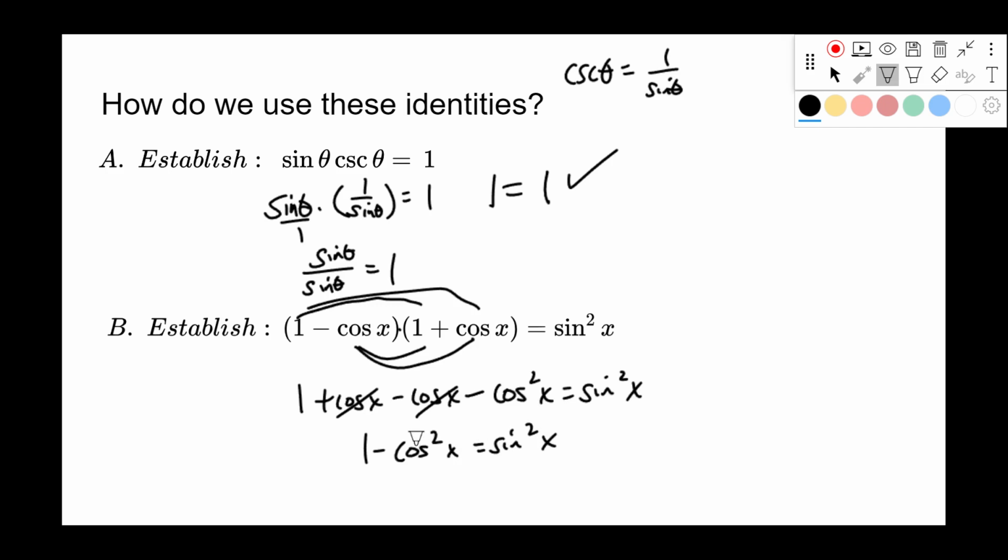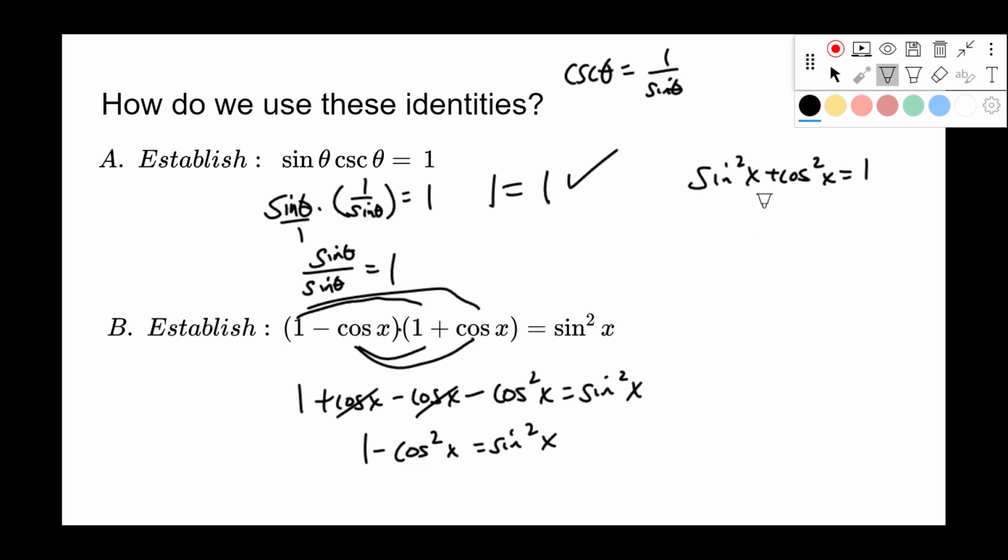All right, now, I have an identity, the Pythagorean identity from the previous page, and it says sine squared x plus cosine squared x equals 1. Now, contained in this identity are 2 more identities, okay?